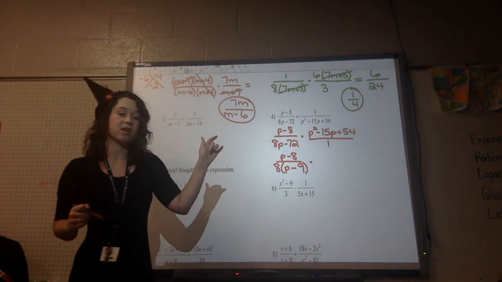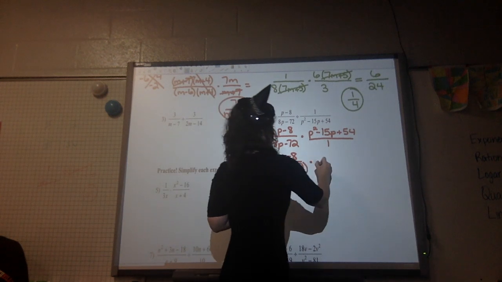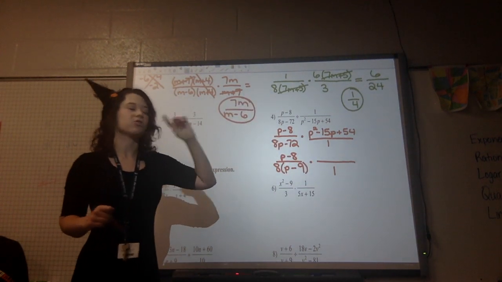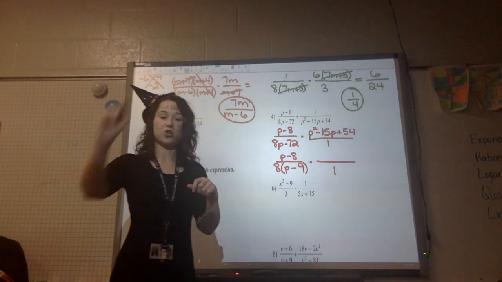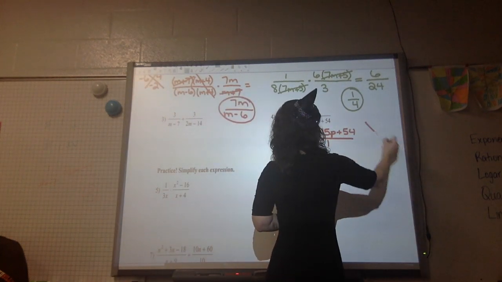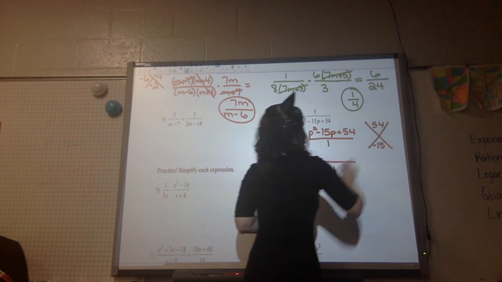Then I go over to my second fraction. There's nothing I can do with the 1 on the bottom. So it's just going to stay there. But I do notice that on top here, I have a quadratic. I have something squared, which means I'm going to draw out my x and factor. So 54 goes on top. Negative 15 goes on bottom.